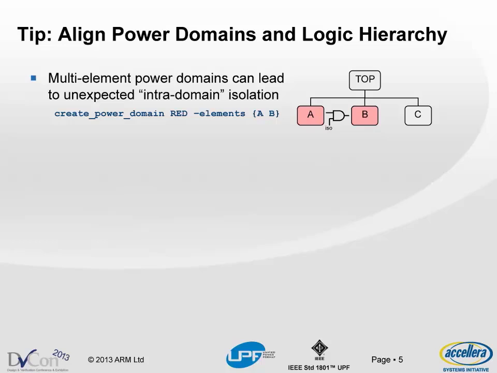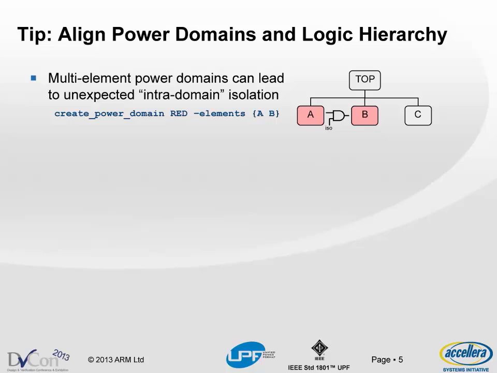And then you might apply an isolation strategy to that power domain red. And then you might be surprised to find that you get an isolation cell between any nets that leave A and enter B. That's because most implementation engineers are used to Design Compiler, where you group A and B together and it becomes a new level of hierarchy.